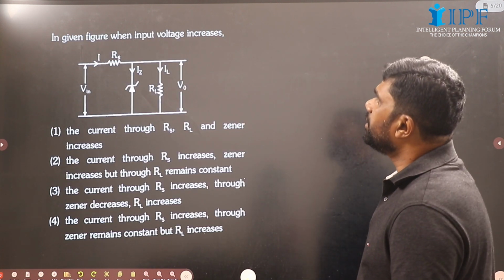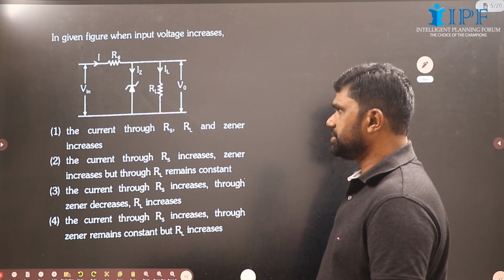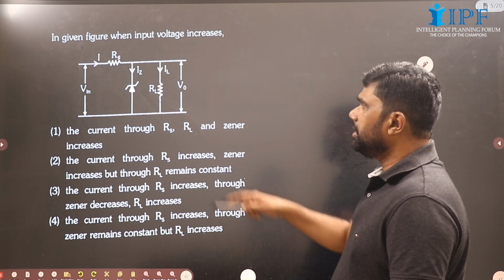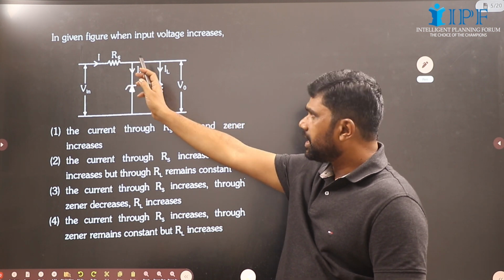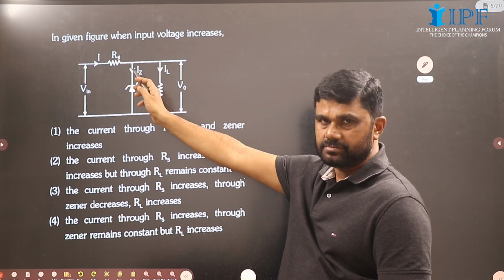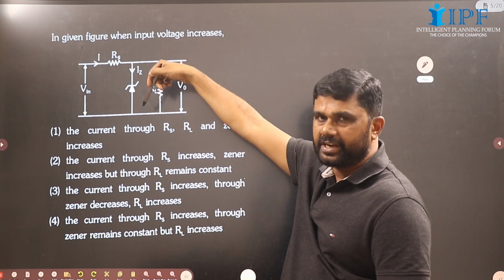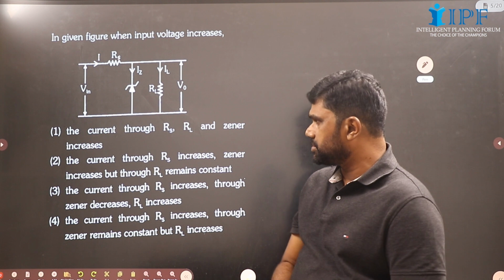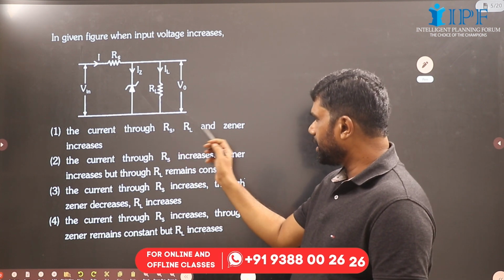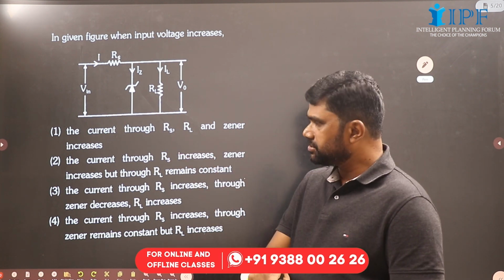Now in the given figure, when input voltage increases, current through RS will increase, current through IZ will increase, or the current through Zener diode will increase. But the current through load resistor will remain constant. Current through RS, RL and Zener increases, that is wrong statement.